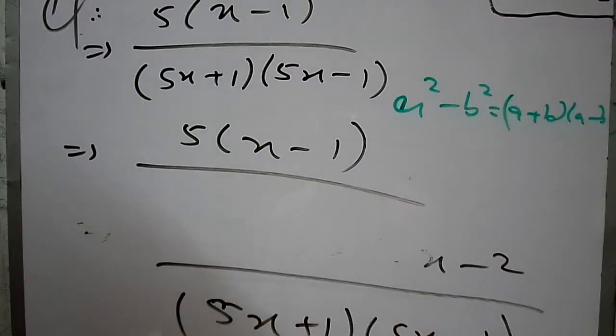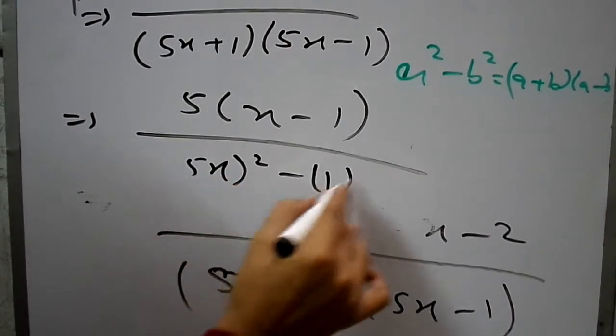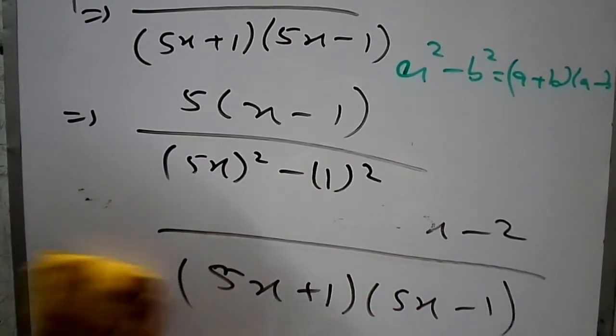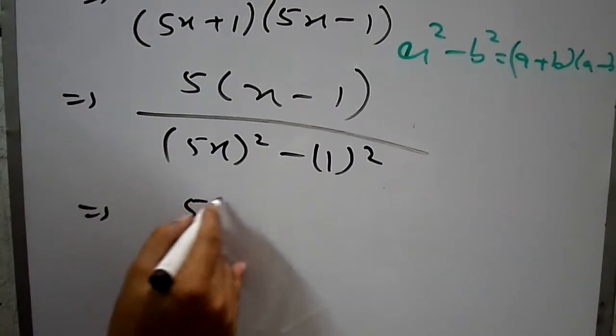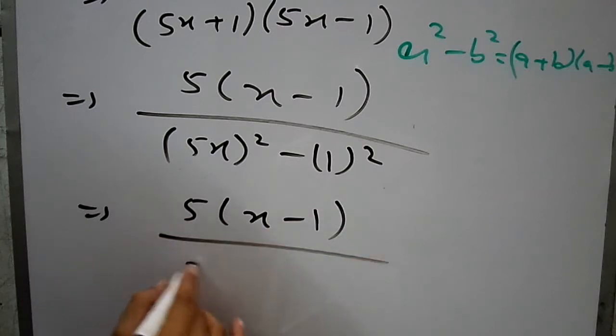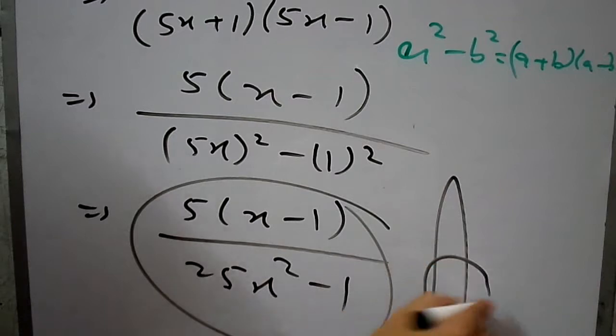So use it here and write it, that is (5x) square minus (1) square, so you will get 5 into x minus 1 over 25x square minus 1. So that is your result.